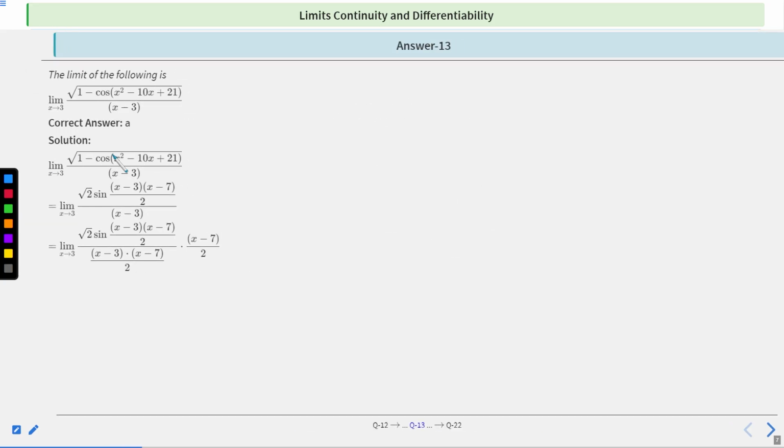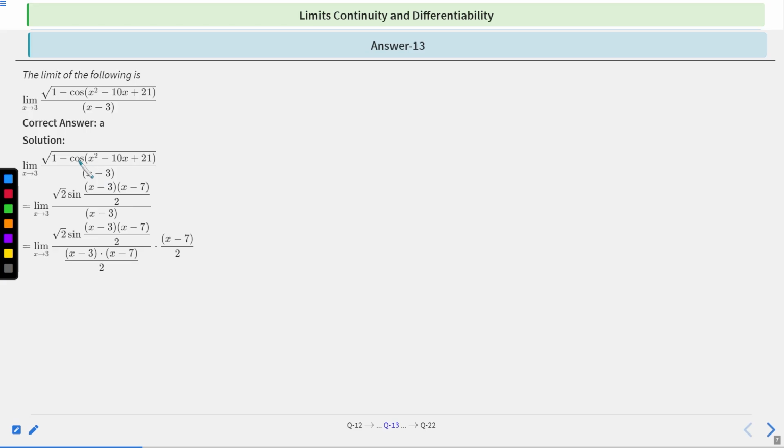Okay, so let's start. We have to find the limit as x tends to 3 of root over 1 minus cos of (x square minus 10x plus 21) upon x minus 3. So see, the root can be written as root 2 sin of ((x minus 3)(x minus 7) by 2) upon x minus 3.